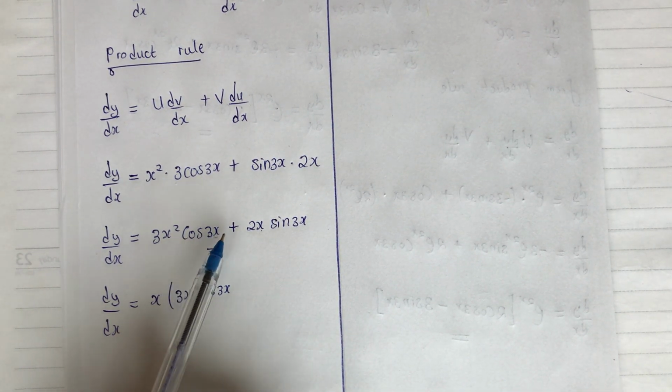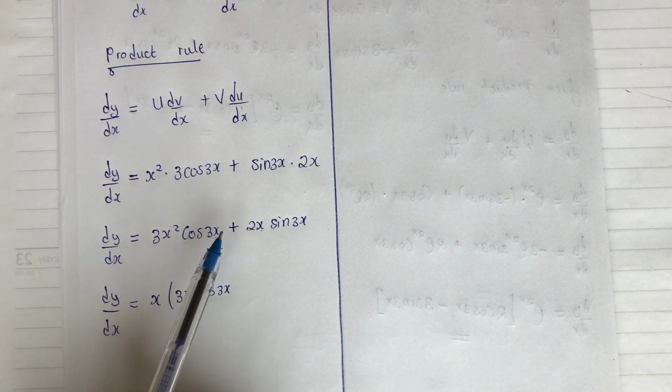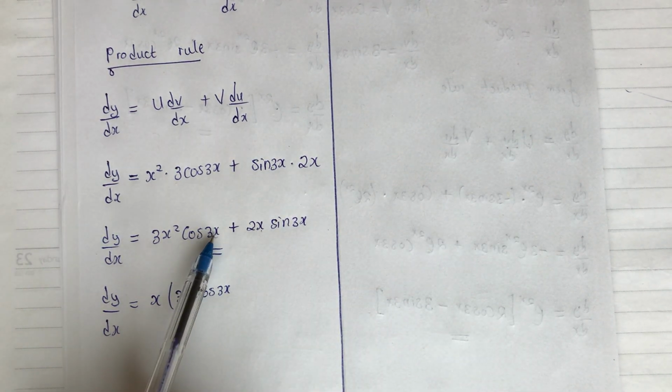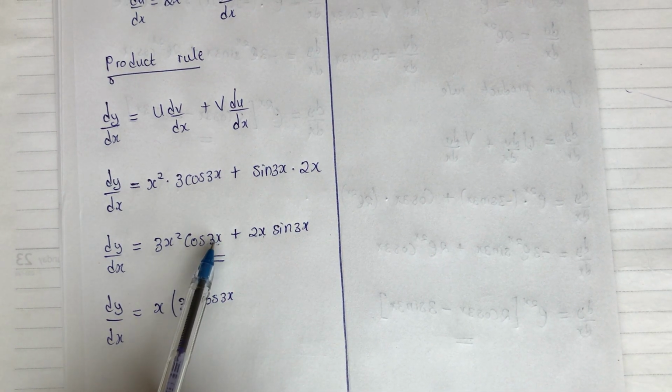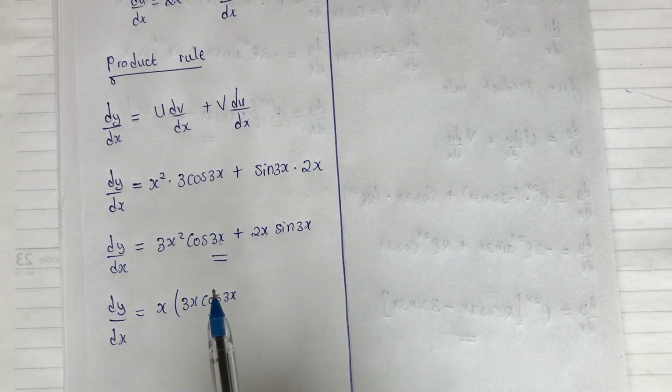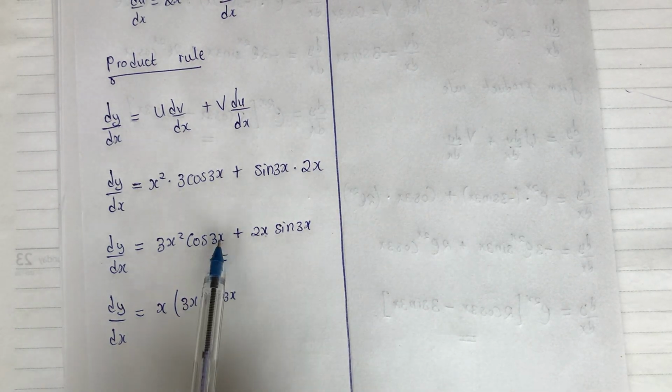If you are not familiar with trig functions, you can. I just wanted to let you know that you can't take this one out, because assuming this x is a certain value, let's say 5, when I multiply by this, I'm getting cos 15. It becomes an angle, cos 15 degrees. There's no way I can bring it out, so I'm just using that to explain.